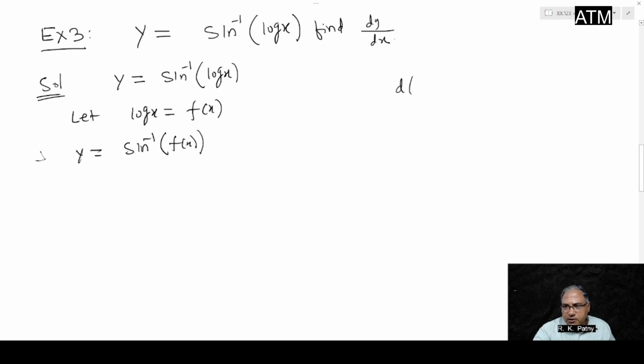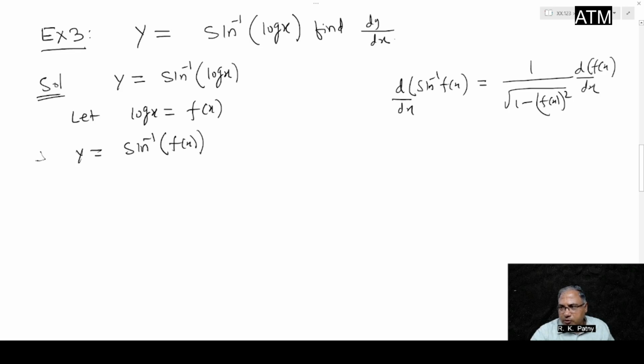We know that derivative of sine inverse of f of x with respect to x equals to 1 upon under root of 1 minus f of x whole square into derivative of f of x with respect to x.